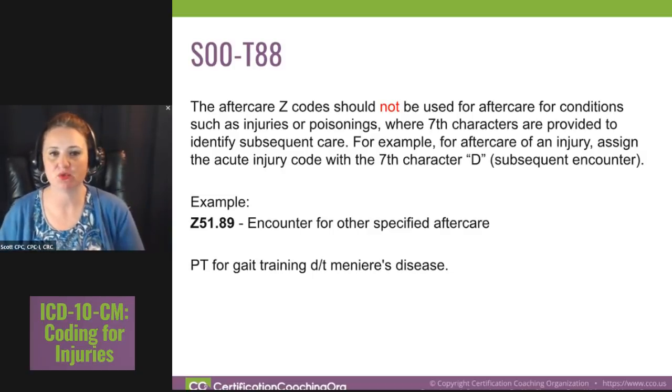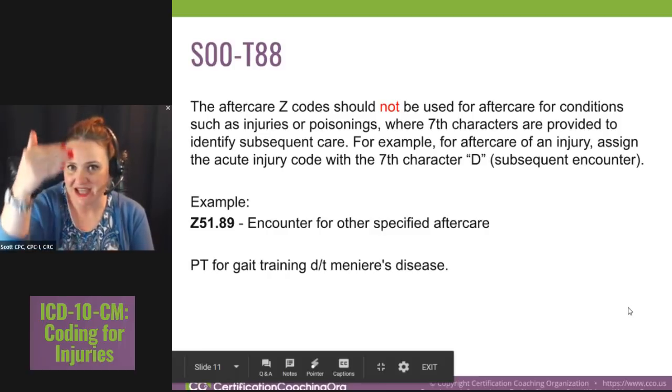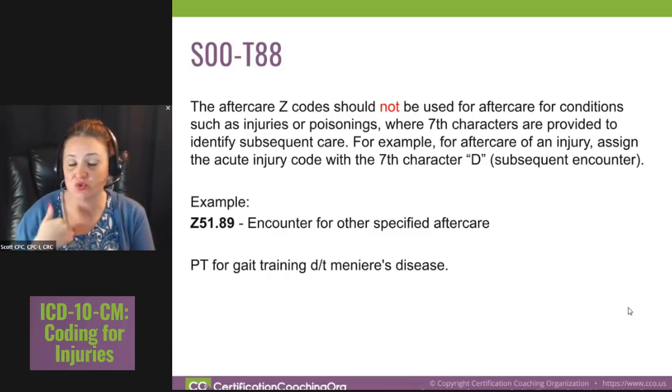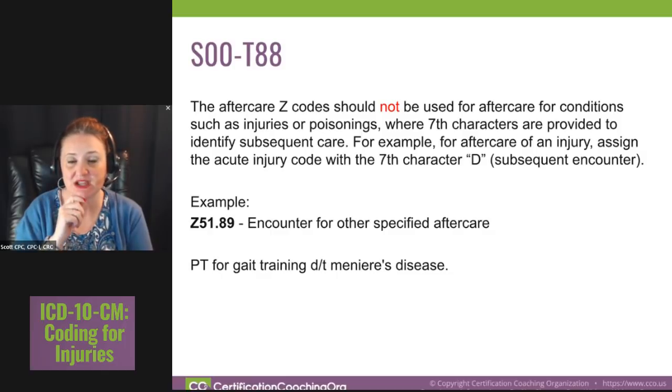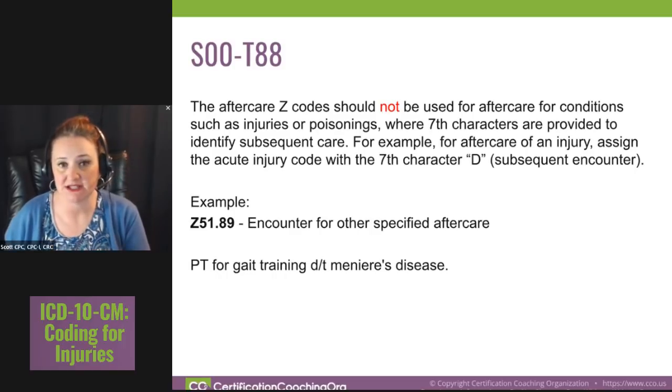I just don't want you to get confused when you see those terms, because you will see that in the documentation, and it's your job as a coder. A question may slip through like this on the exam, and they're wanting to say, do you understand the term aftercare as it is used in these S and T codes?